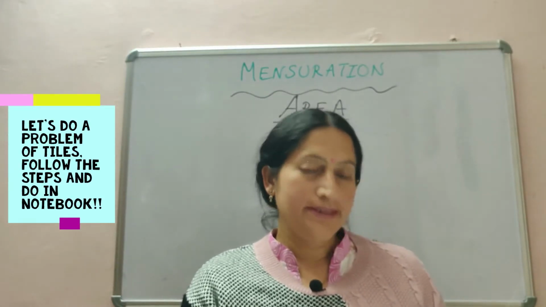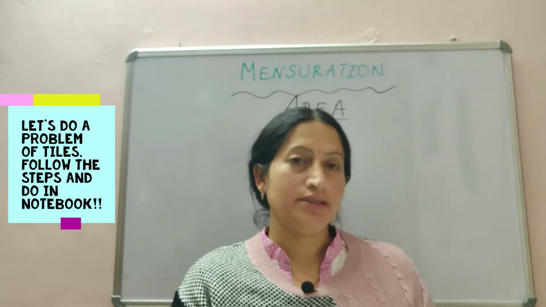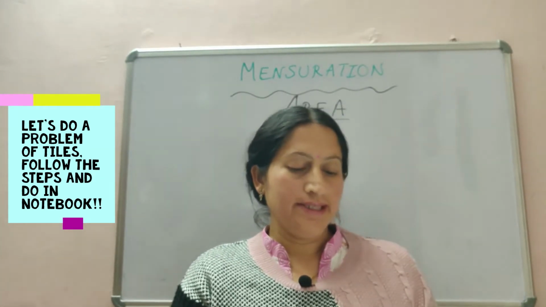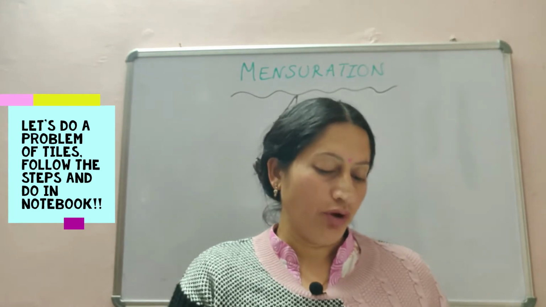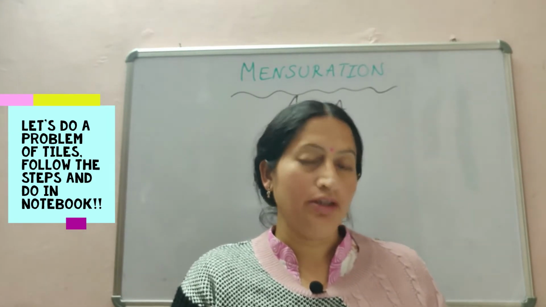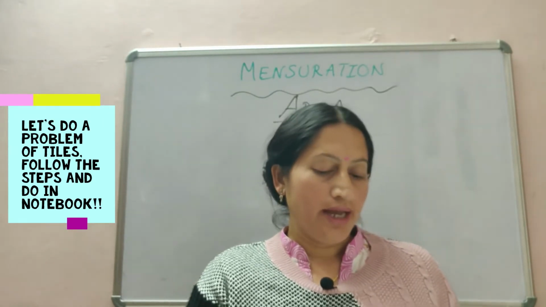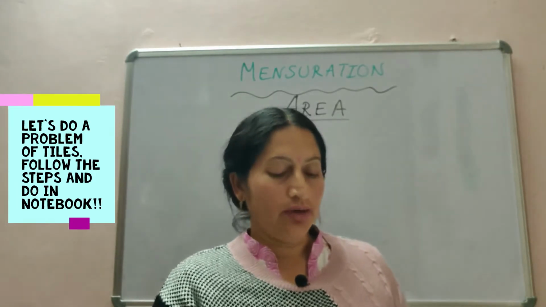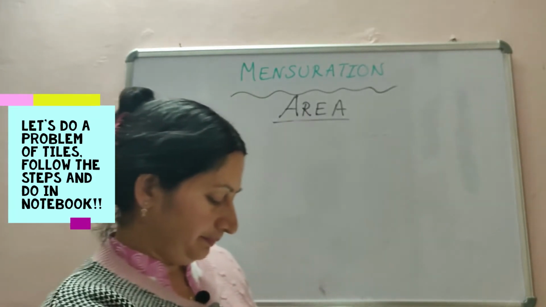So the problem is, a marble tile measures 10 cm by 12 cm. How many tiles will be required to cover a wall of size 3 meter by 4 meter? Also find the total cost of the tiles at the rate of rupees 2 per liter. So we will note down what is written in this problem.